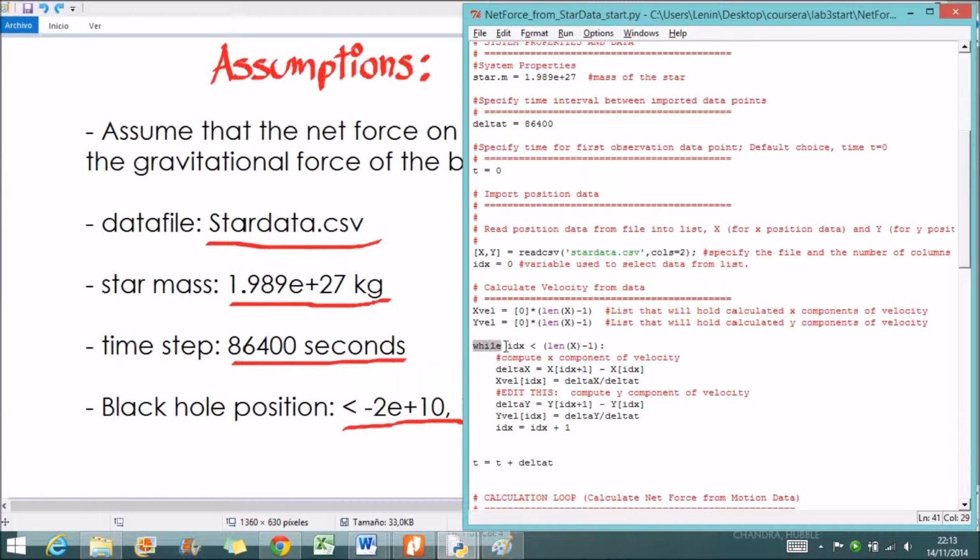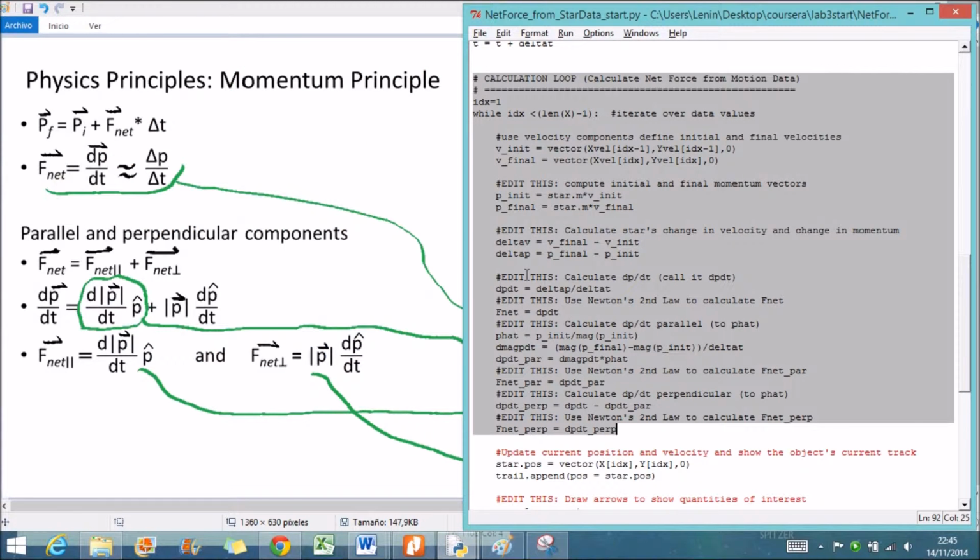In this loop, we compute the x component of the velocity and the y component of the velocity. In this loop, we use the momentum principle.